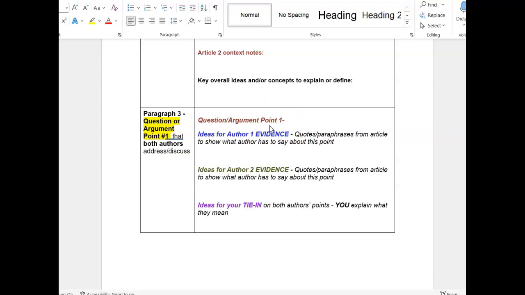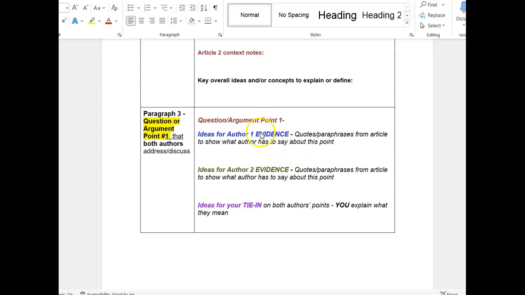So if both authors talk about the emotional impacts that being online and certain social media sites have on teenagers, you could either list that as an argument point and say emotional impact on teenagers, or you could frame it as a question: what is the emotional impact on teenagers?